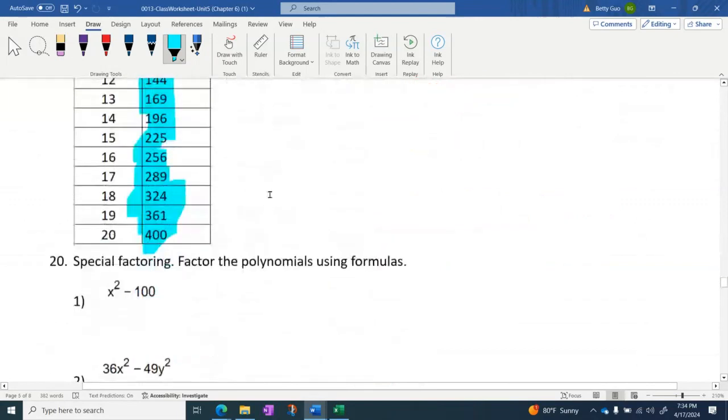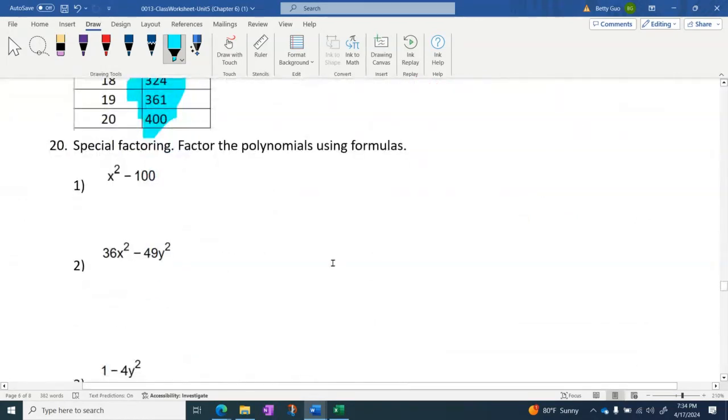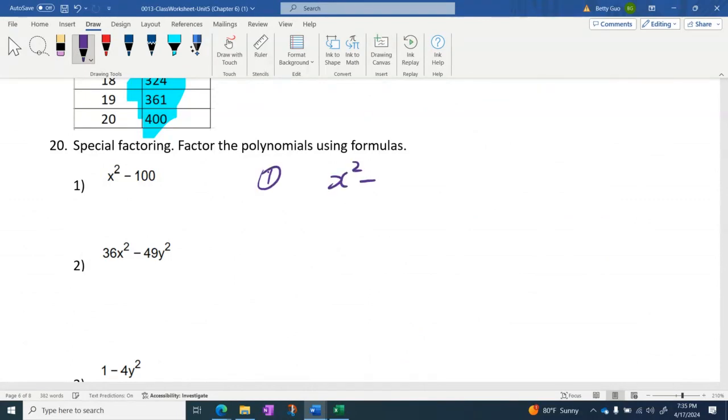Okay, let's practice. Number 20. Special factoring. Factor the polynomials using formulas. And the first question, we have a binomial. We need to factor a binomial. And look at this binomial. It has two terms, right?